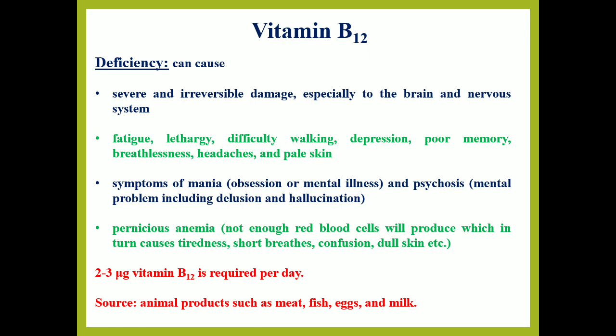Its major symptoms are fatigue, lack of enthusiasm, difficulty walking, depression, and pale skin. Except that, pernicious anemia can occur in deficiency of vitamin B12, in which RBC will not form in enough quantity. So tiredness and confusion will occur.